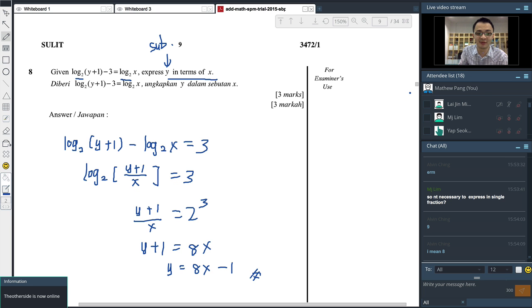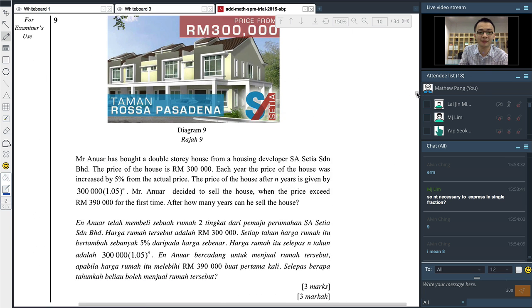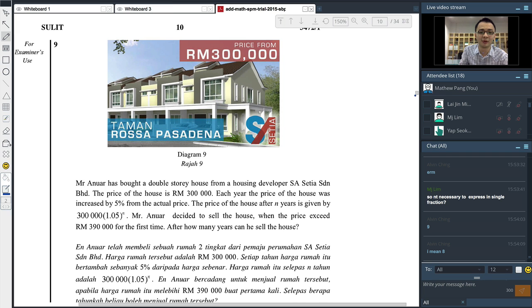Okay, so let me move on to the next one. Okay, this is a probability question, and they use the Satya group. Mr. Anwar has bought a double-story house from the housing developer. The price of the house is 300,000.